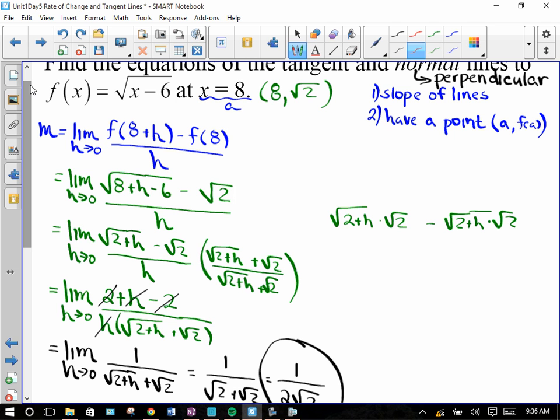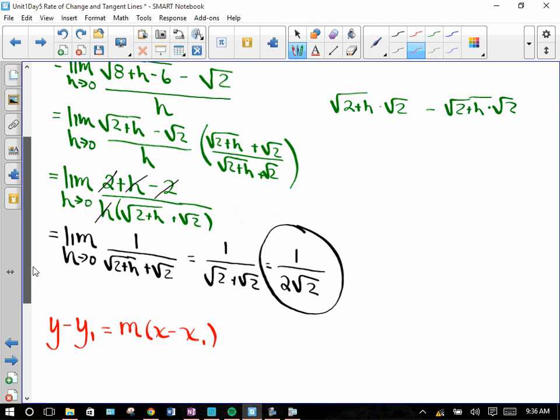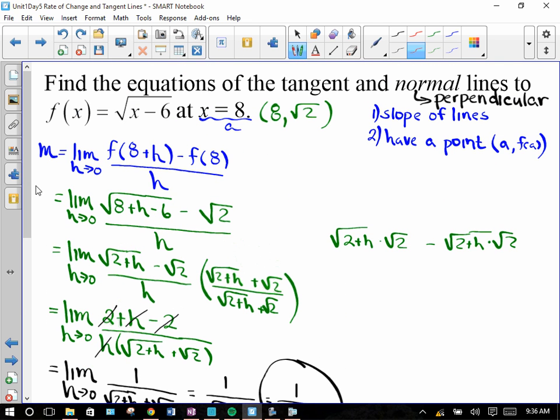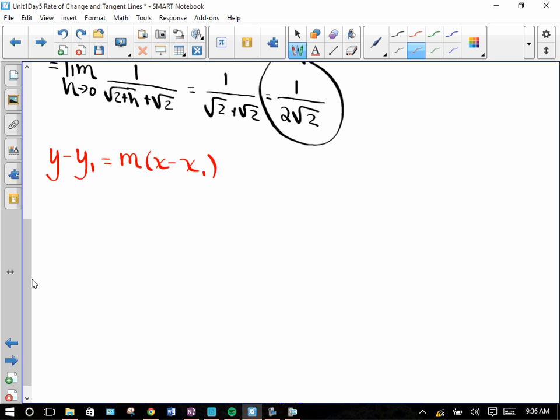X1 is 8. I'm saying at the bottom though. Yes. X1, y1. So I plug stuff in. Y1 was, you said what? Square root of 2. Our slope was 1 over 2 square root of 2 times x minus x1 was 8. You're done.